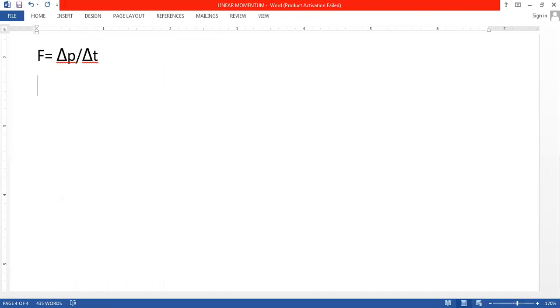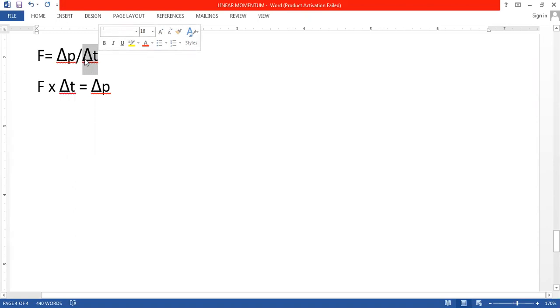If I rearrange this equation a bit, since delta T is in the denominator, it will go in multiplication.